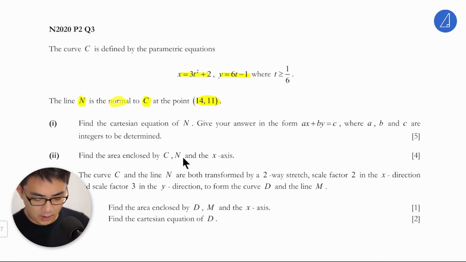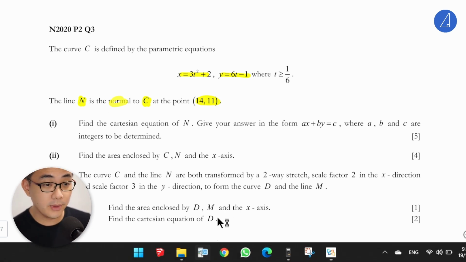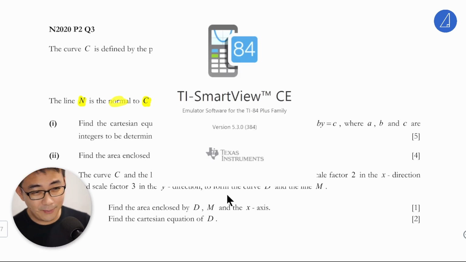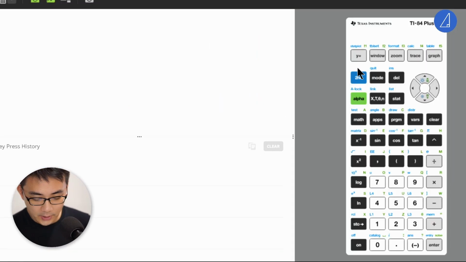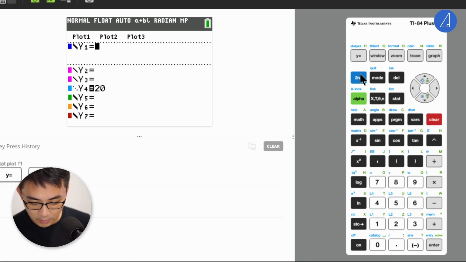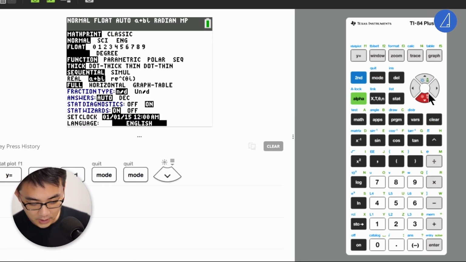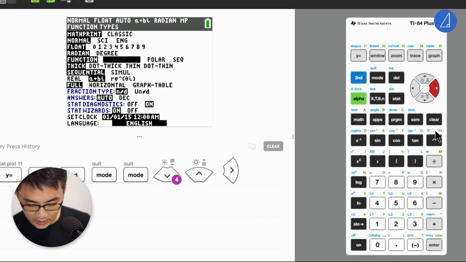It's pretty okay. First thing is you try and just plot this graph using your GC. Try to make sense of how it looks. I would suggest doing that. And also remember, a lot of times students forget about this, which is pretty important.